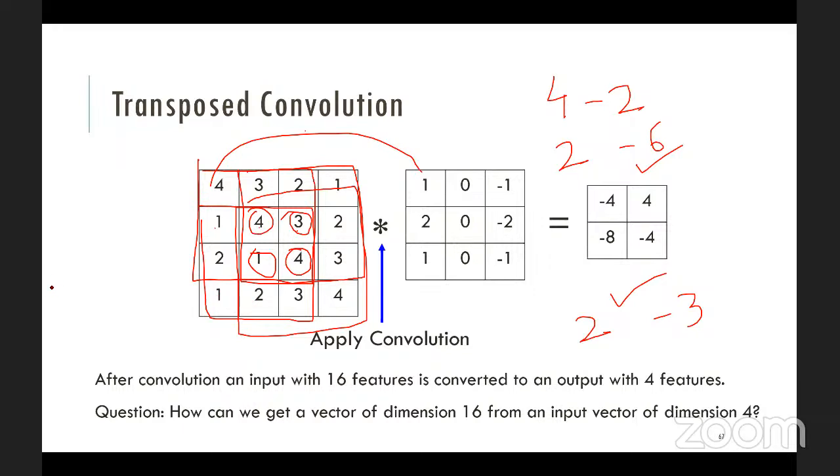So what happened after convolution? An input which had 16 features, a 4x4 picture, is converted to 2x2, so 16 features converted into 4 features, right?